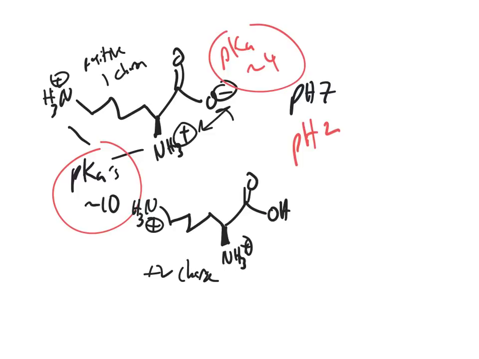So now when we go to a high pH, like pH 12 here, we are going to lose the proton on both of our nitrogens.